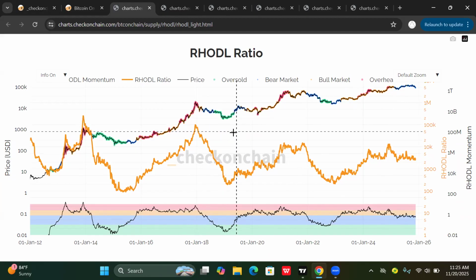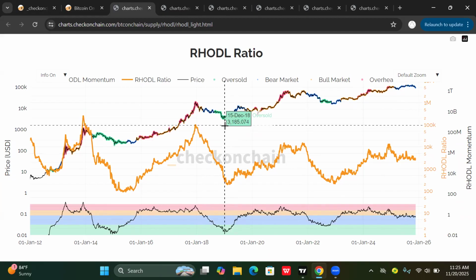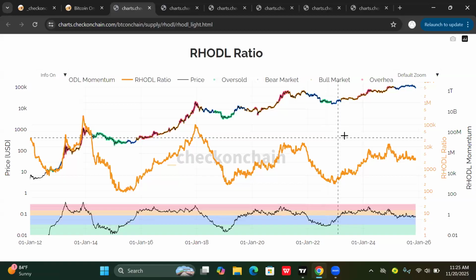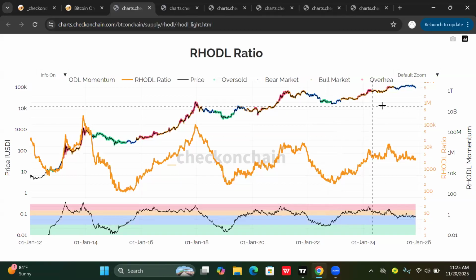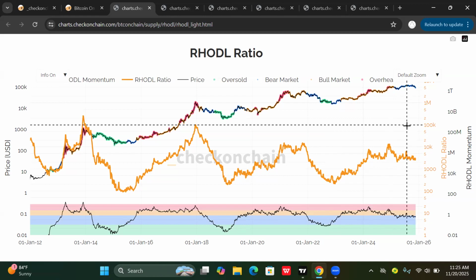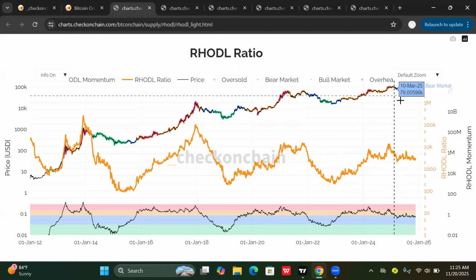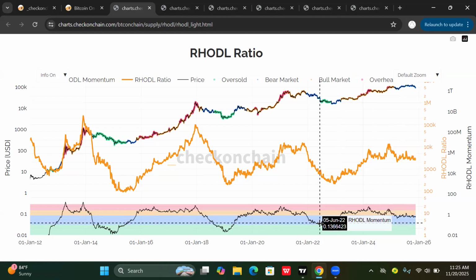When the ratio is low, it rallies. Ratio high, tops. Ratio low, rally. The ratio is low at this point in time. So I think Bitcoin is just moving into a discount. So like I said, 80K territory would be nice areas to buy Bitcoin.